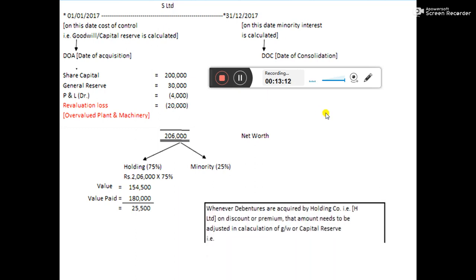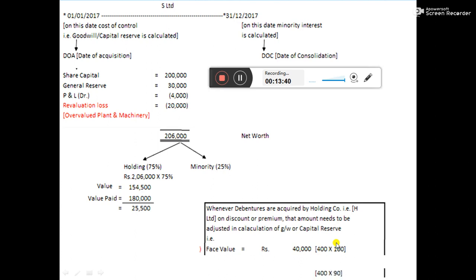So whenever debentures are acquired by the holding company at a discount or premium, that is, whether they are paying more or less, that amount needs to be adjusted while calculating goodwill or capital reserve. We know that the face value of debentures held by H Limited in S Limited was 40,000. That is, they are holding 400 debentures, 100 rupees is the value, 40,000.